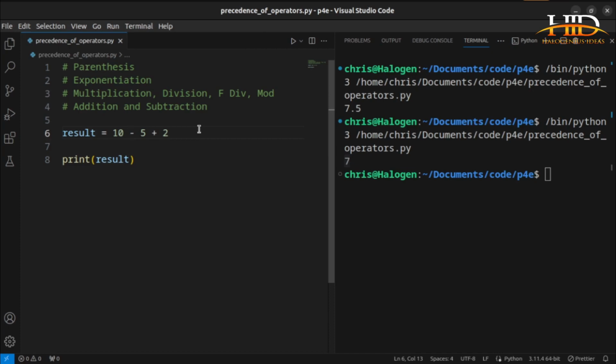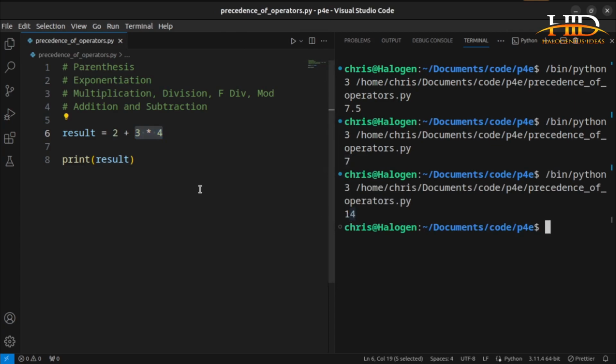Operators with higher precedence are evaluated before operators with lower precedence. However, you can use parentheses to explicitly specify the order of evaluation and override the default precedence. How can you do that? Let's use this example: 2 plus 3 multiplied by 4. Originally I'm going to have 3 times 4, 12, 12 plus 2, 14.